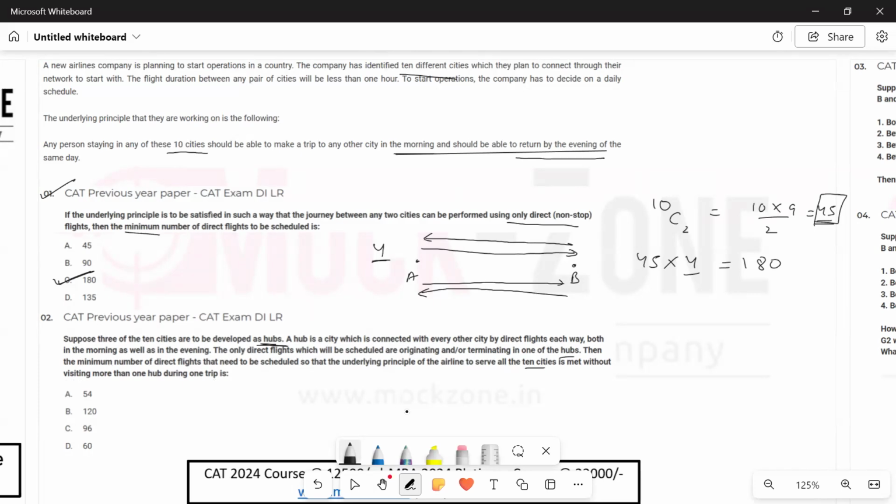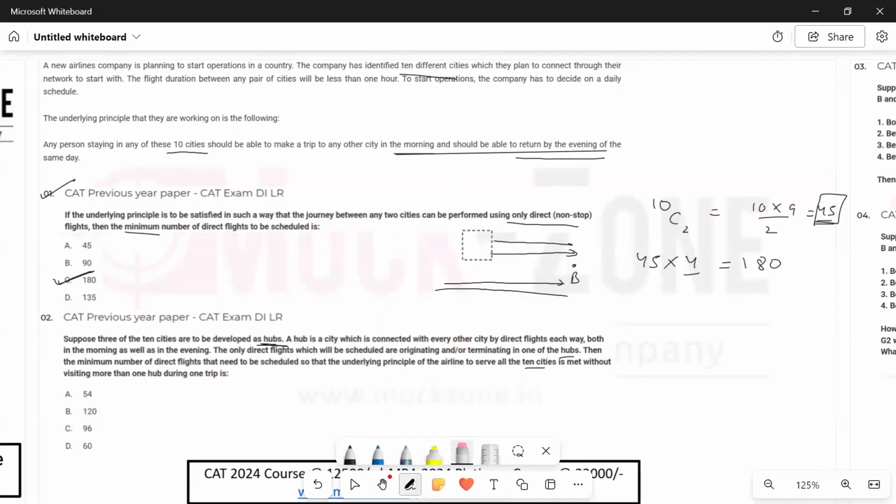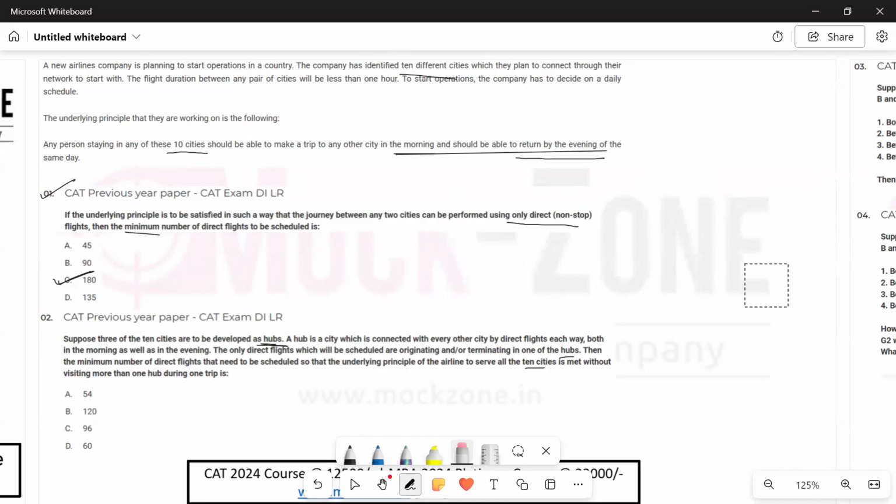So इसका मतलब क्या है? Let's say there are 3 hubs. We'll erase पहले ऊपर का. Let's say there are 3 hubs, A, B, and C. Now, apart from these 3 hubs, there are 7 other cities which are non-hubs. So it says a hub is a city which is connected with every other city by direct flights each way, both during the morning as well as in the evening.